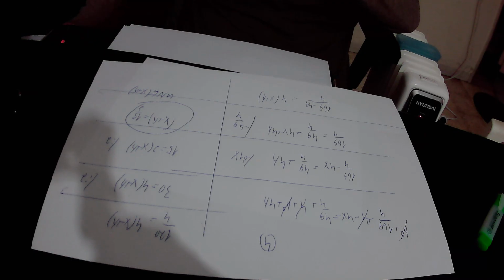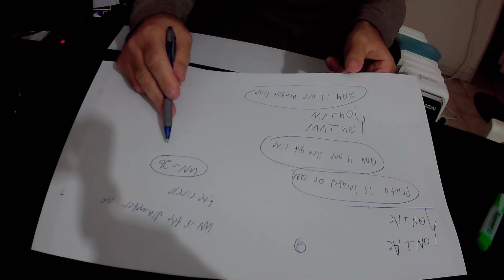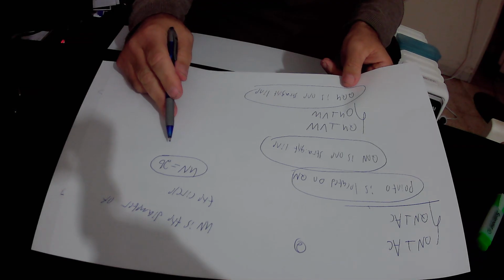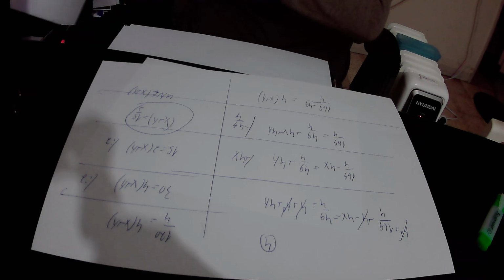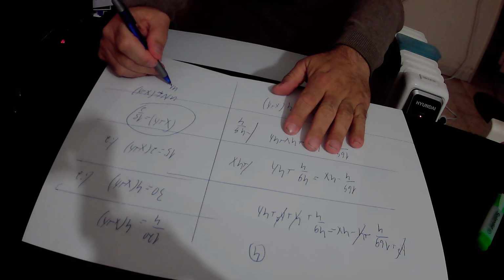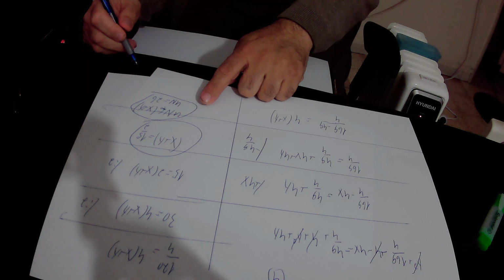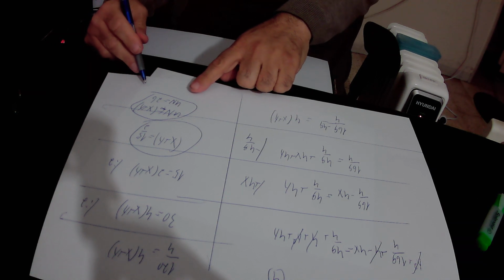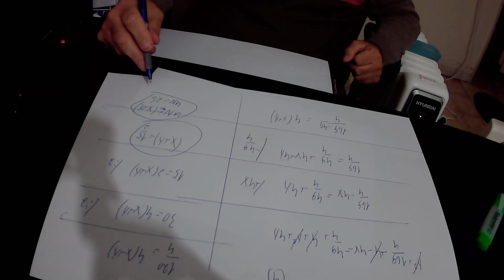But we have already found out that UN also equals 2b. It is the diameter of the circle. So from those two equations, UN equals x plus h and UN equals 2b, we derive that x plus h equals 2b.